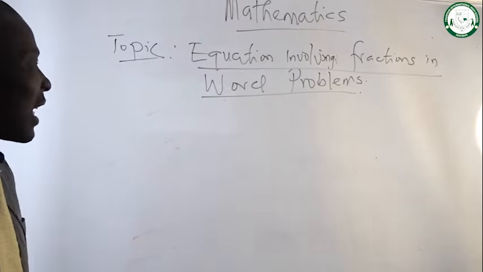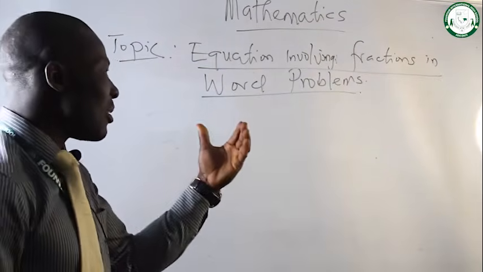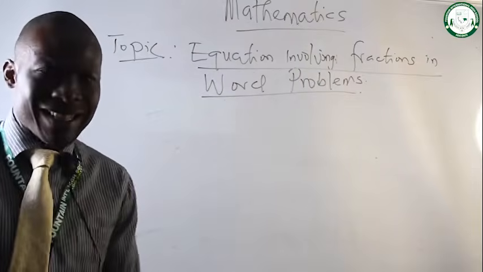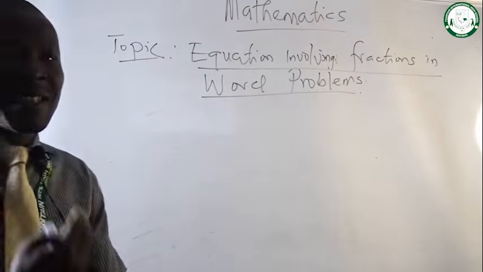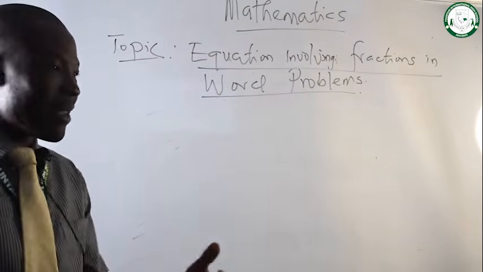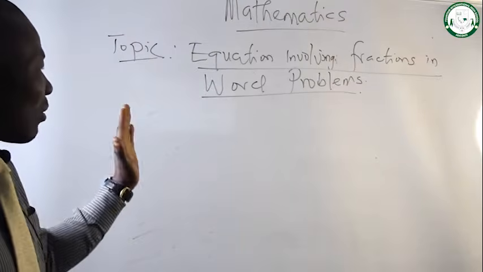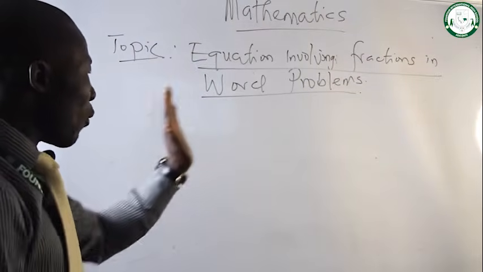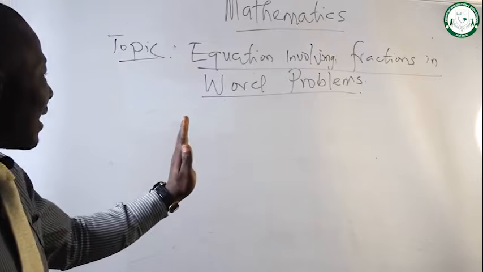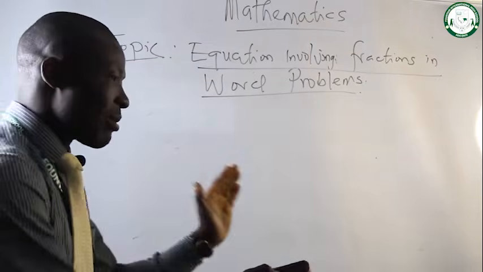Now, when we are talking about this word problem, it's just like what we did in the last class, but this one will come in the form of a statement that you need to interpret by yourself. The last time, the question we discussed was just like an equation. But this time around, it will come in a statement, not like the expression that you solve directly.